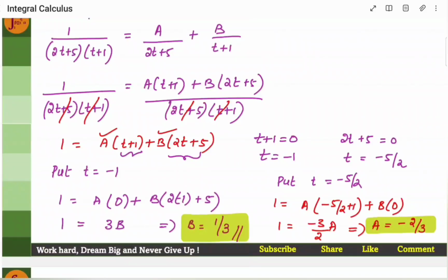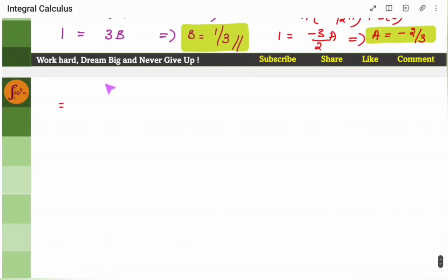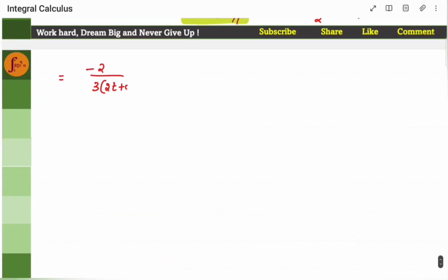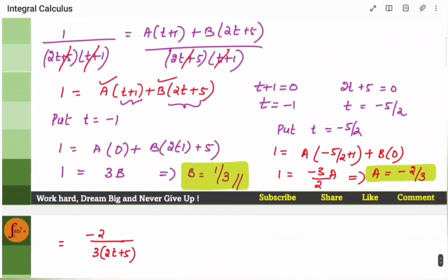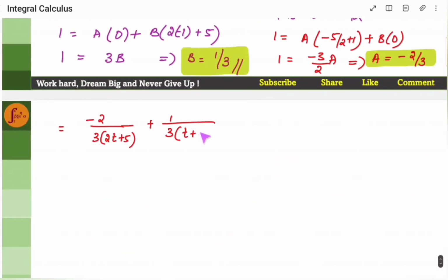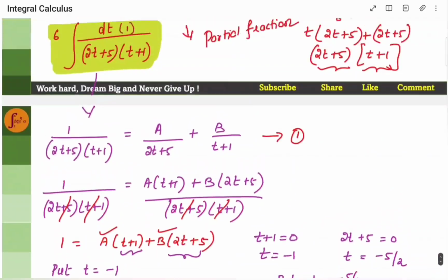Now what next? Let's substitute the values of a and b in this equation. So we'll get a is minus 2 by 3, and what is the term? 2t + 5. And plus b. What is b? 1 by 3, and what is the term? t + 1. Now let's go to the main integral function.